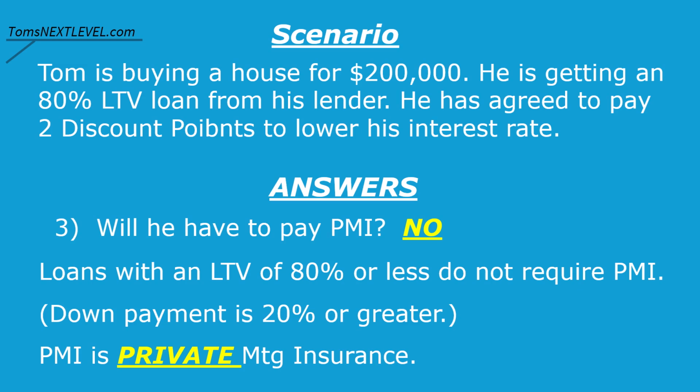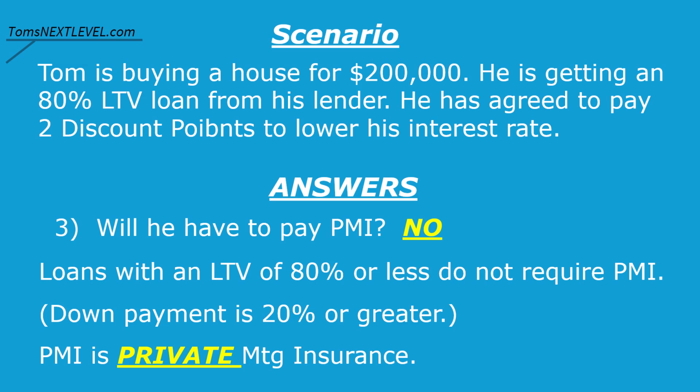Easiest way to remember that, I think, is if a buyer puts 20% or more down on a conventional loan, they're not required to pay private mortgage insurance. So a greater down payment equals what? A lower LTV. Remember that relationship between LTV and down payment. Together they always equal 100%.